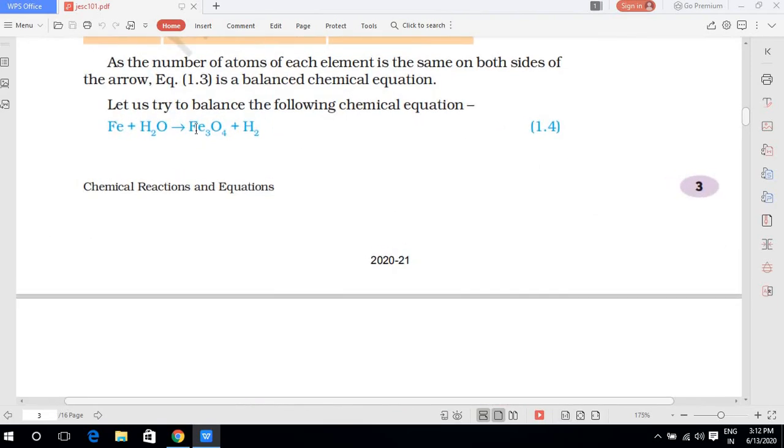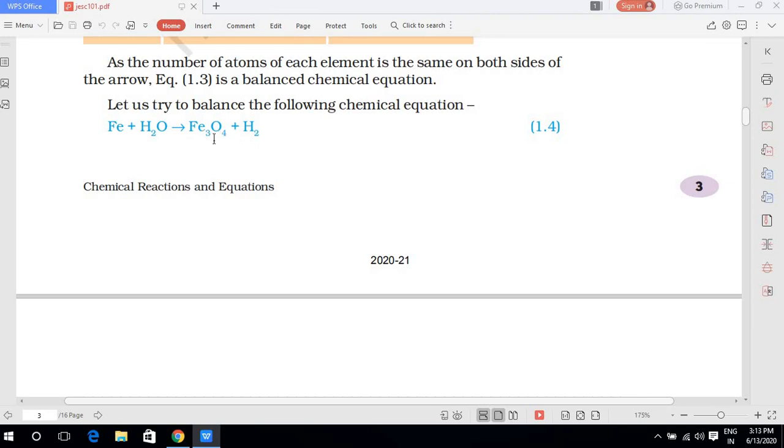Now they have given this one. Supposing this is the equation that is given in the exam, we have to balance this equation. The given equation is the reaction between iron and water. When iron reacts with water, it forms iron oxide and hydrogen gas.